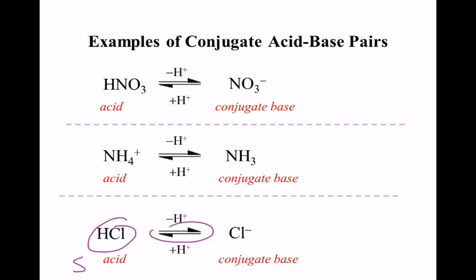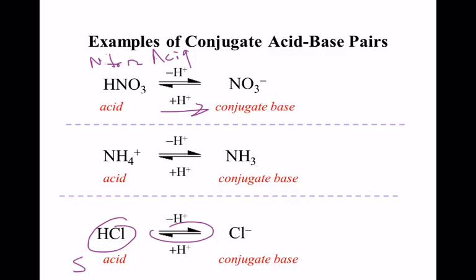And actually this one you might recognize as nitric acid, and it's one that you need to recognize has a one-way arrow. I guess it makes sense because there's no hydrogen in the conjugate base, so it can't go back. Well, it could grab onto a hydrogen if it's in water.